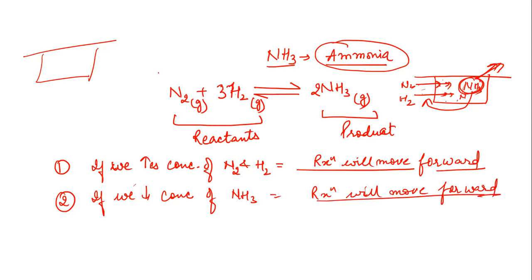If the concentration of ammonia, the product, is decreased, it will move towards the product. If we increase the concentration of reactant, then the reaction will move forward, toward the product.